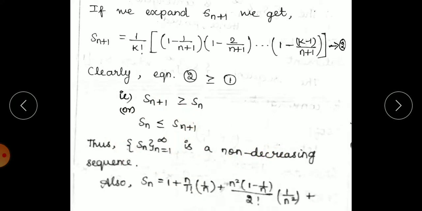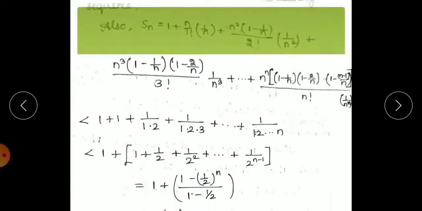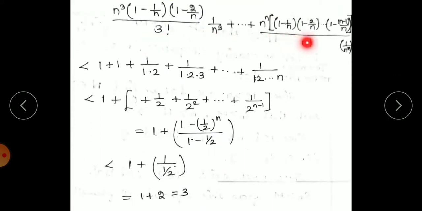Therefore Sn equals 1 plus n by 1 factorial into 1 by n, plus 1 by 2 factorial into 1 minus 1 by n, and so on, up to the nth term, which is less than or equal to 1 plus 1, plus 1 by 1 into 2, 1 by 1 into 2 into 3, up to 1 into 2 into n.